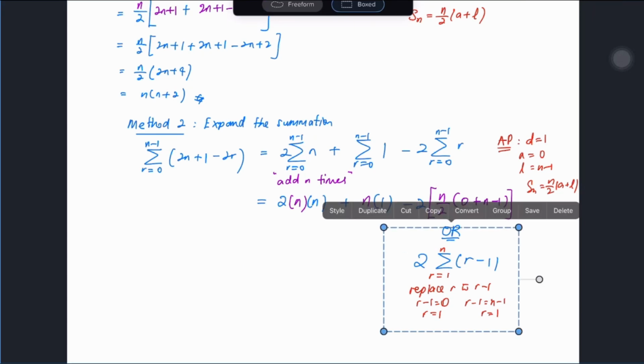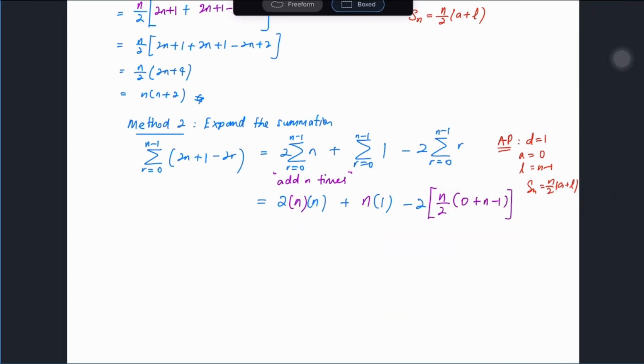All right. The reason why I mentioned change of variable is because there's also another property. If you sum from 1 to n of r, there's an identity, half n plus 1.